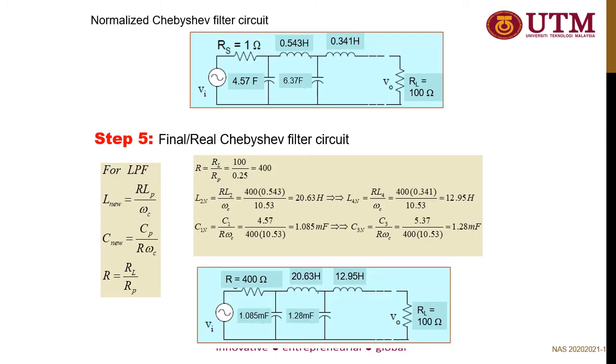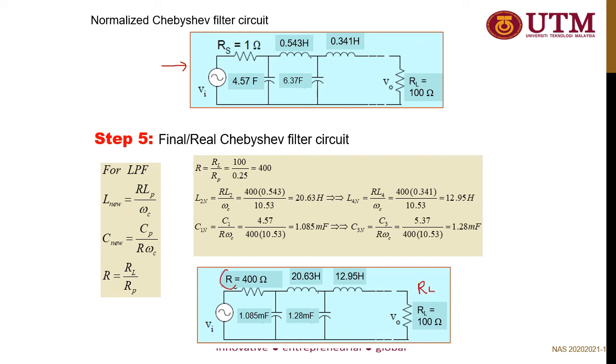Okay, so this is from the normalized circuit. Now you need to recalculate your new values of C and L. Same orientation, same number of components. However, you just need to recalculate the new values for your capacitor and inductor. So this maintained as load.